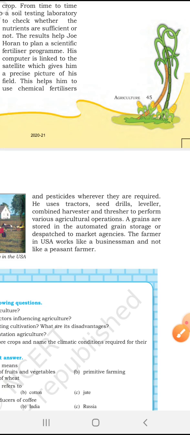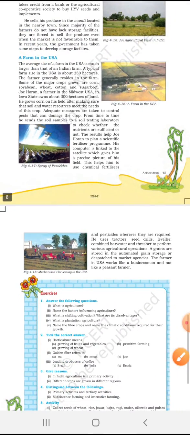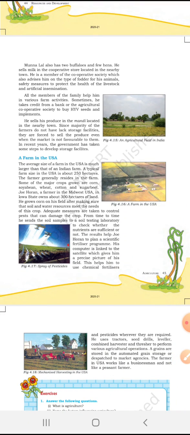So, children, by this, what we can actually understand, if we take both the cases, case number 1 and case number 2, that is a farm case of India and a farm case of USA, what happens generally, the things that generally help is how you plan.